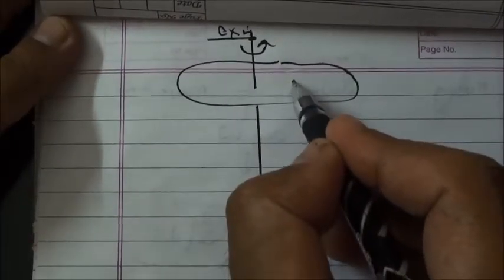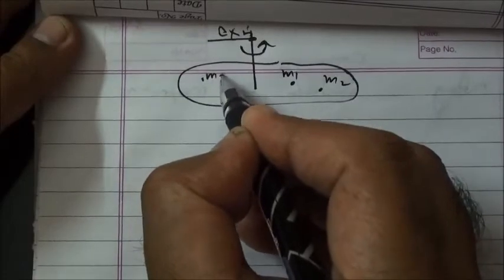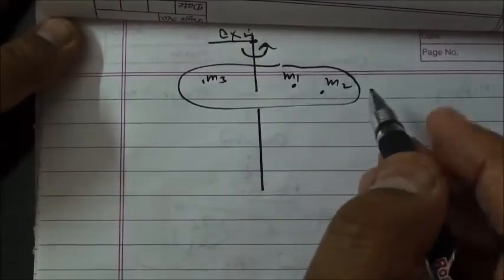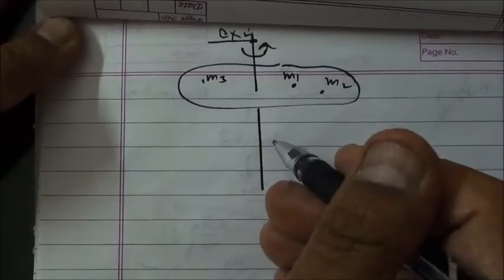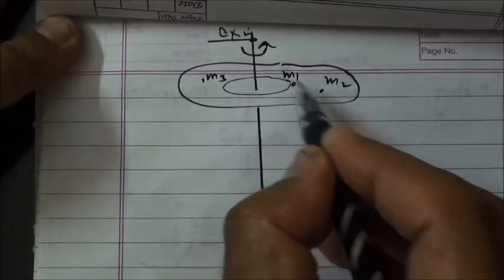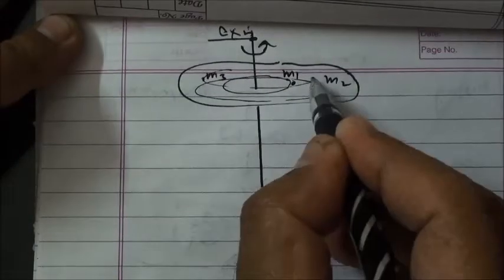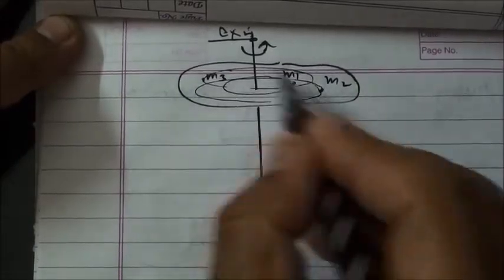So just think about the different particles of which the body is made up of. M1, M2, M3, and so many innumerable particles. And when the body is rotating like this, each particle is making a circle. The radius may be different, but all of them are moving on circles.